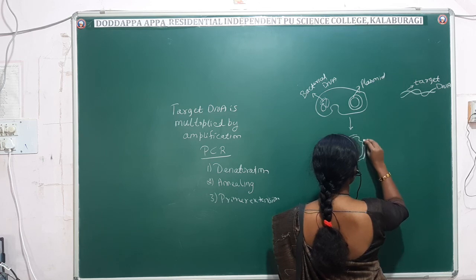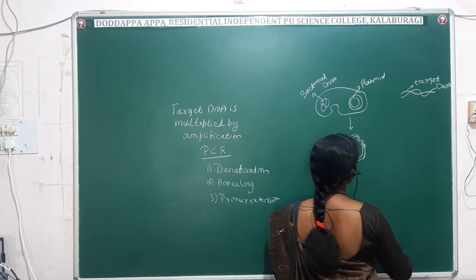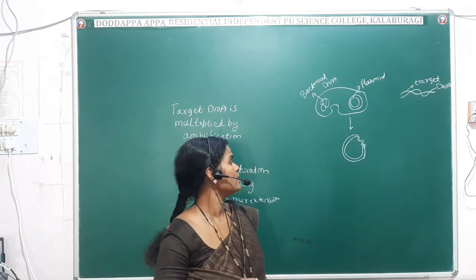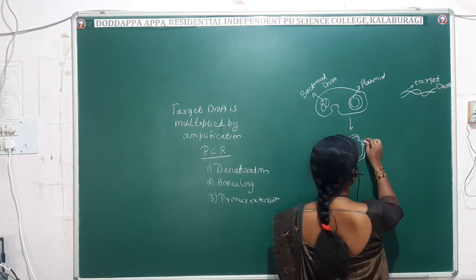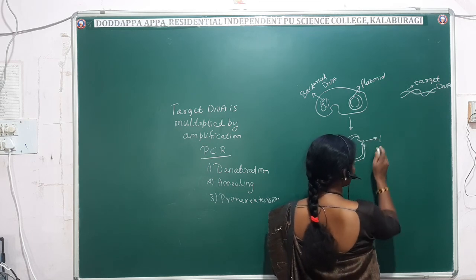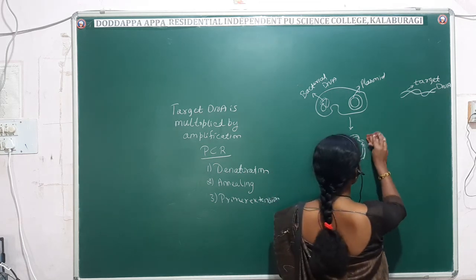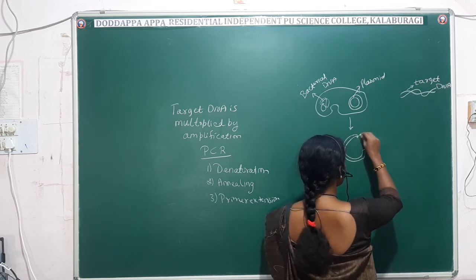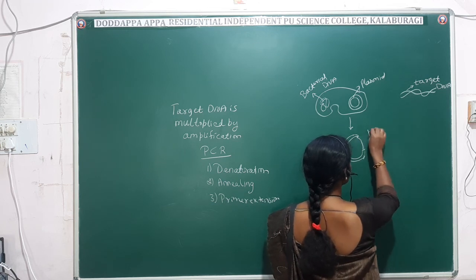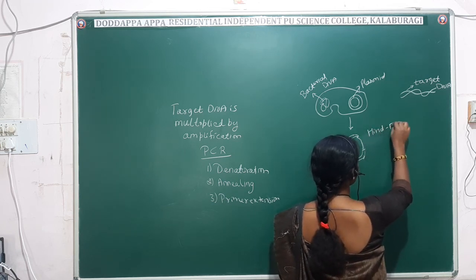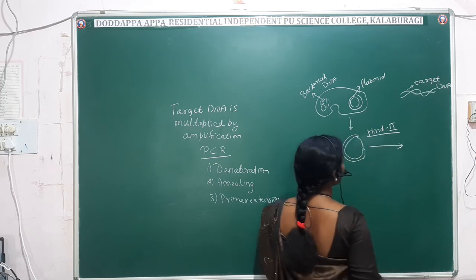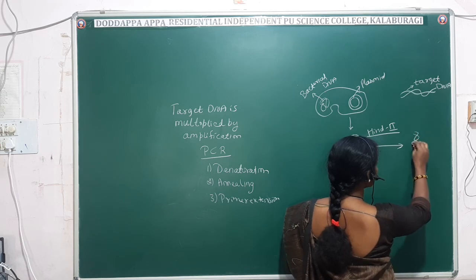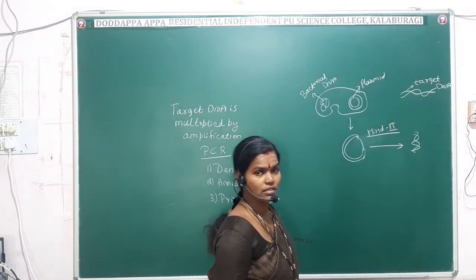You can see here the target DNA is inserted inside the plasmid. This is pBR322, where by using the HindII enzyme, that is a restriction endonuclease enzyme, we are removing the tetracycline resistance gene.